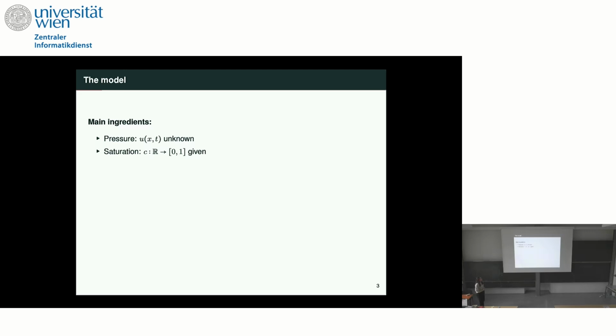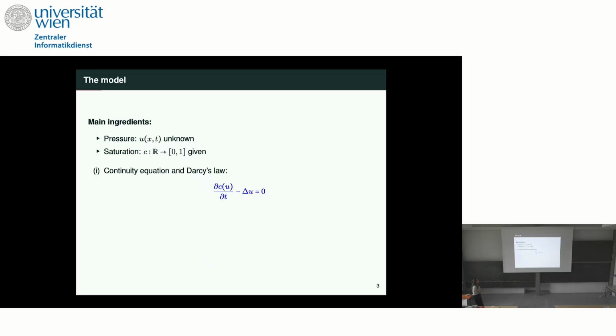If C is 1, then it's completely saturated. And this is, again, a given function. So after some simplifications, some reductions, the continuity equation and Darcy's law give the relationship between the saturation function and the pressure. So it's this very nice equation.